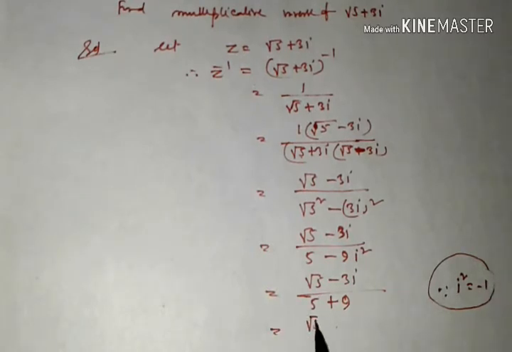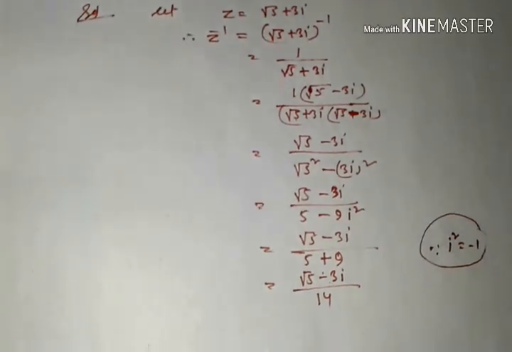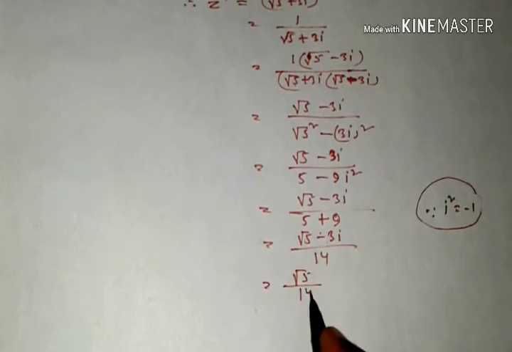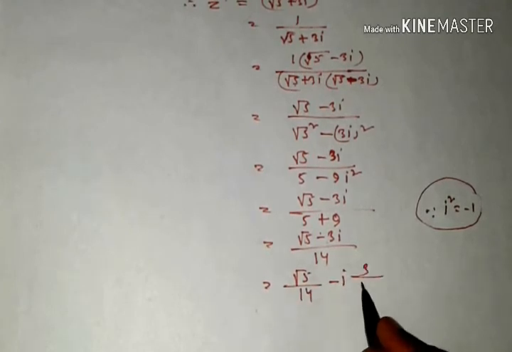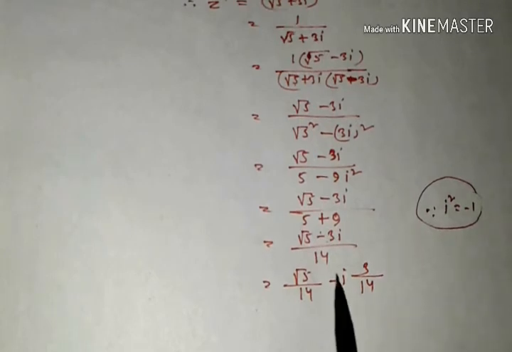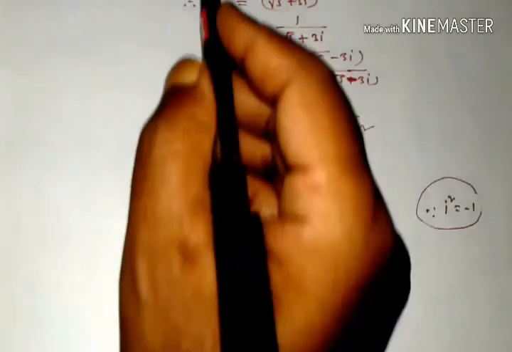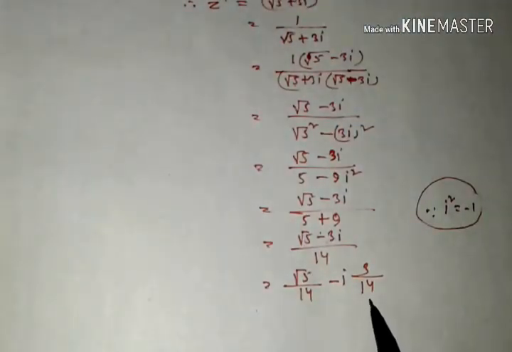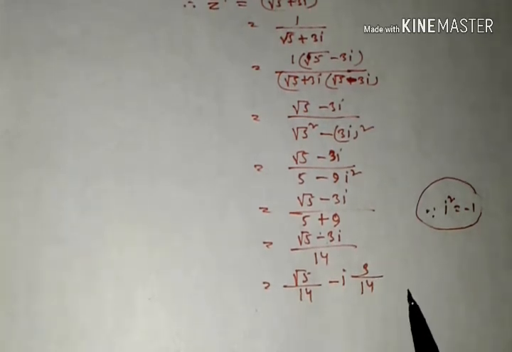This is root 5 minus 3i divided by 14. If we write it in the a plus ib form, then root 5 by 14 minus i 3 by 14. This is the multiplicative inverse of root 5 plus 3i. So this is all about the problem. Next class I shall discuss conjugate of a complex number and modulus of a complex number.